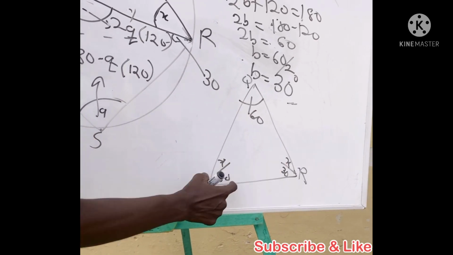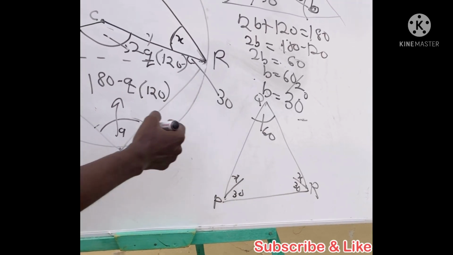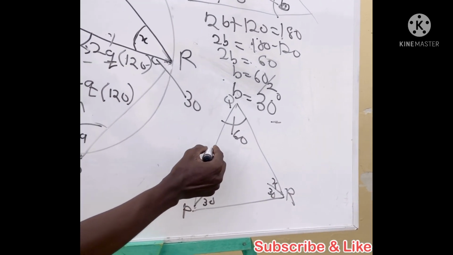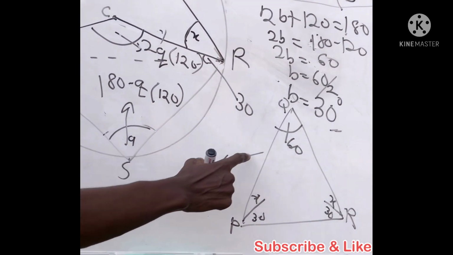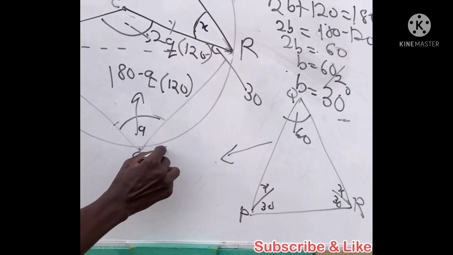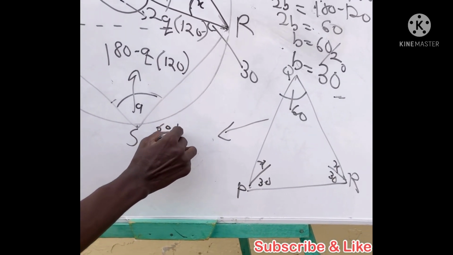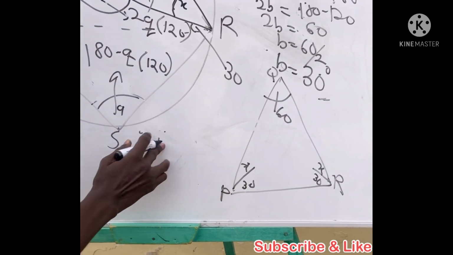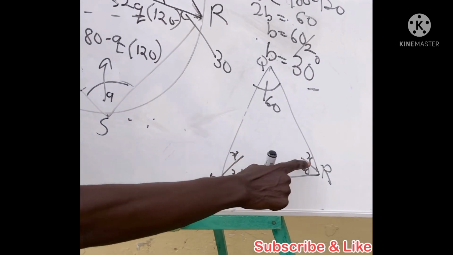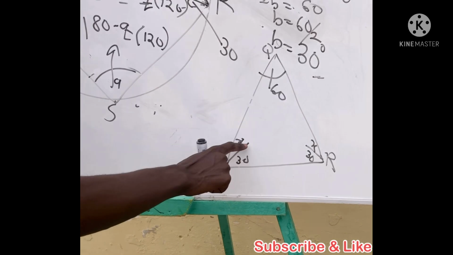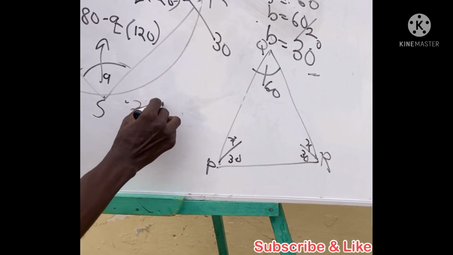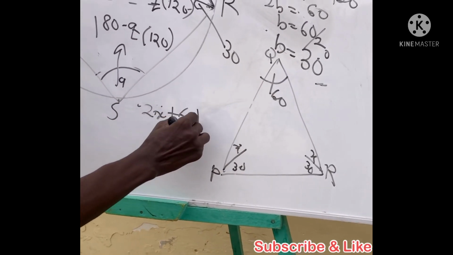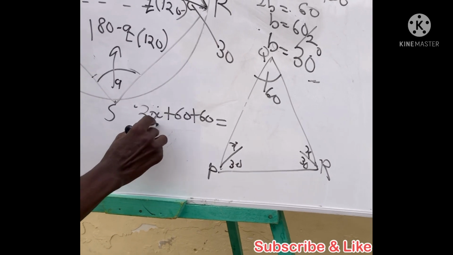The sum of angles in a triangle should add up to 180 degrees. So we can say 60 plus x plus 30 plus 30 should equal 180. So this is 2x plus 60 plus 30 plus 30 should equal 180 degrees.